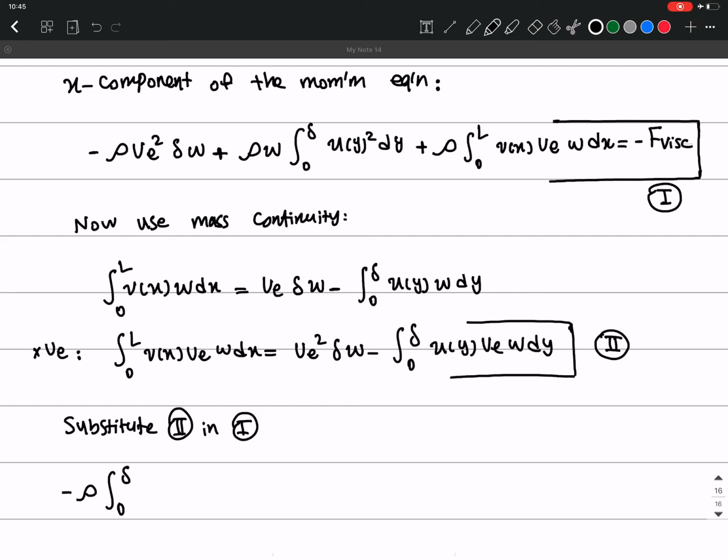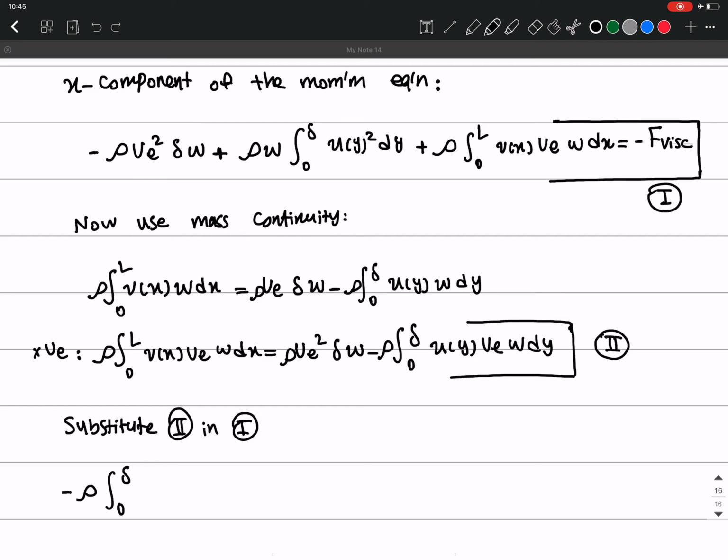So these two terms are going to cancel out. So here we have a rho, so let me just also write a rho. So these two terms are first going to cancel out, right?